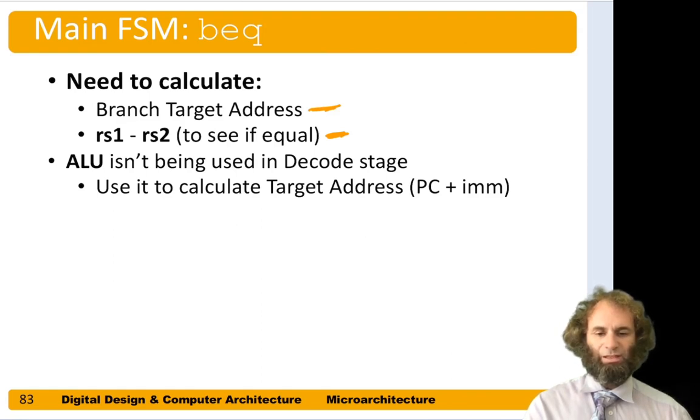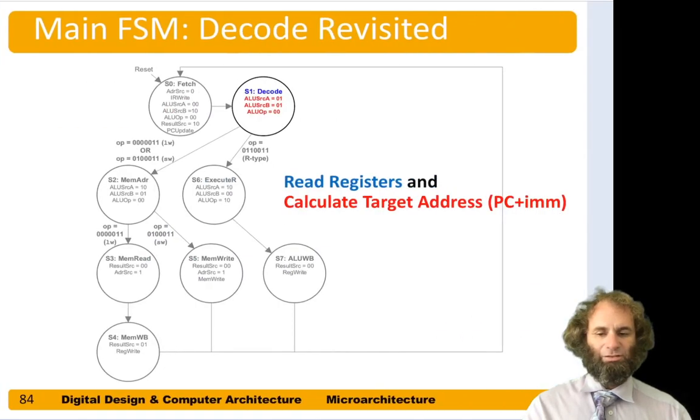So we might as well take advantage of it being idle then to calculate the target address, which was the PC plus the immediate. Now, we're going to do that no matter what instruction we're doing, because when we're in the decode stage, we haven't even decided what instruction it is, but none of the other instructions needed the ALU in the decode stage, so we might as well take advantage of having it.